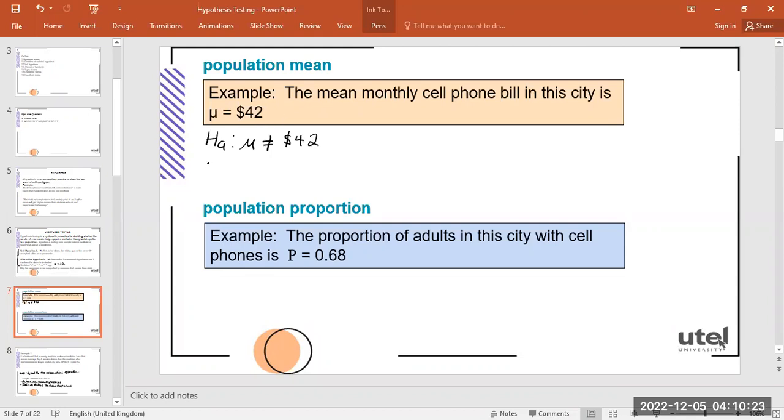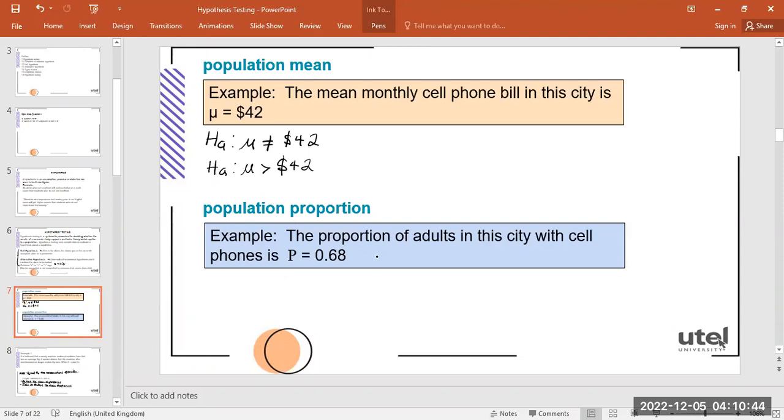Now, it could also be HA such that mu is greater than $42, and so on and so forth. We sometimes also state some of these propositions in terms of proportions.